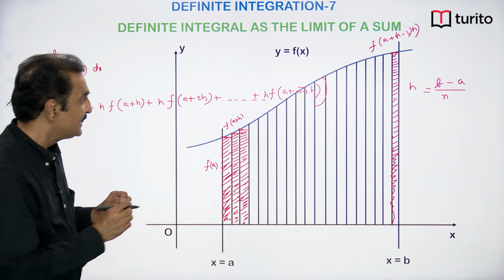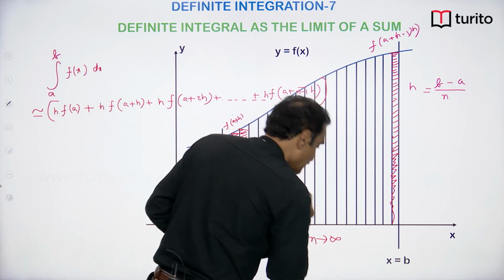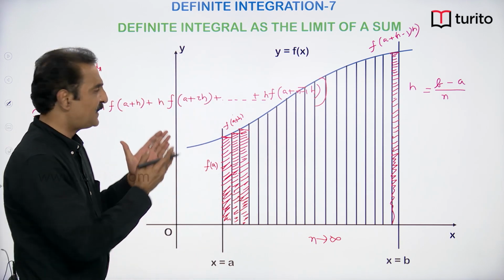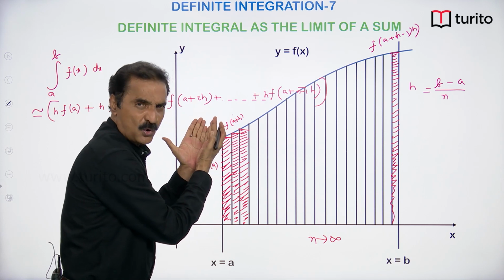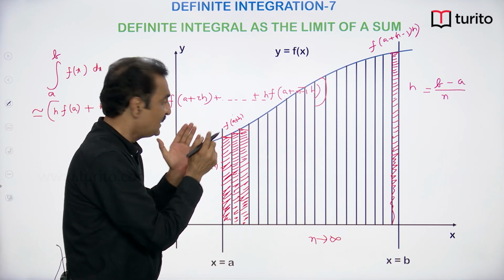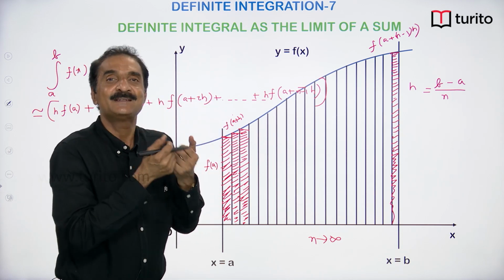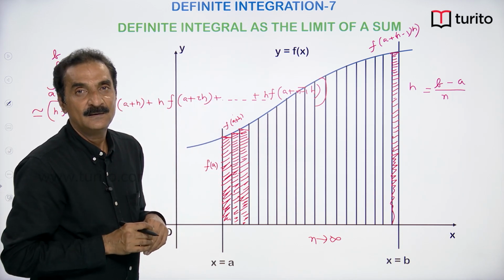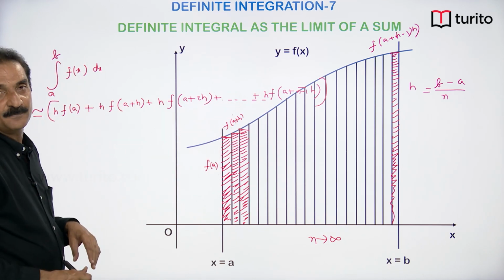Now suppose n tends to infinity. If n tends to infinity, what happens? This ordinate and this ordinate are very close. Then this area which is ignored is negligible. Then this sum will be exactly equal to this integral.